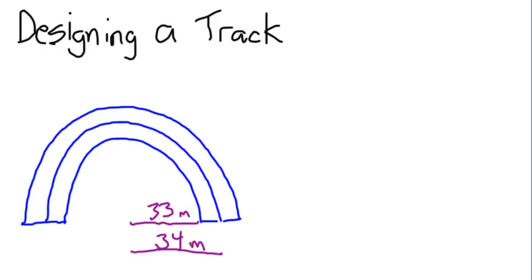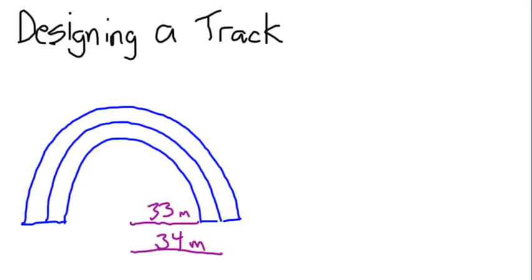The last example we're going to go through, since I know how much everybody loves Mile Wednesday, is a problem dealing with the track. We're going to find out how much longer it is to run in lane 2 compared to lane 1. What we're looking at is a portion of one end of the track, which forms a semicircle.